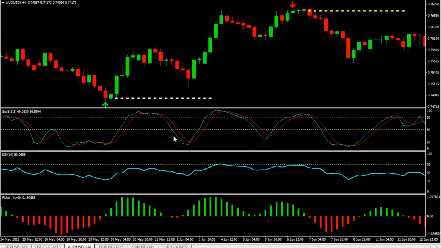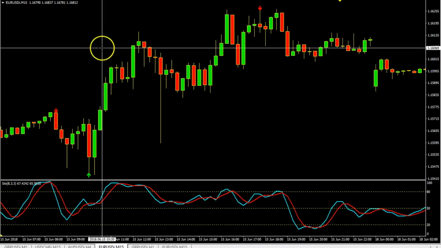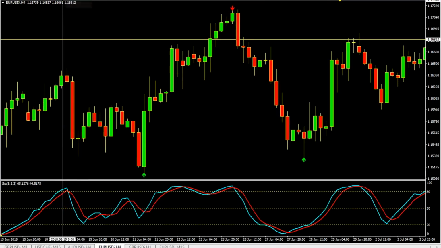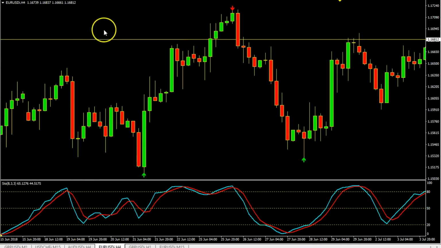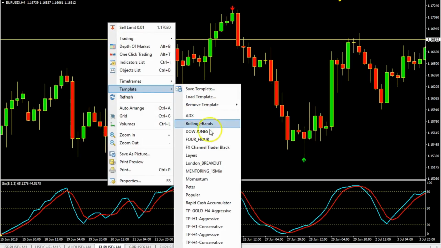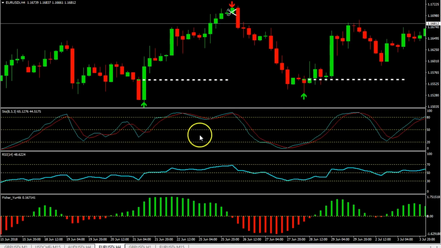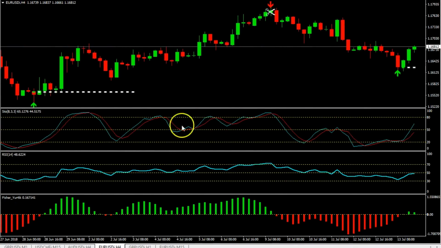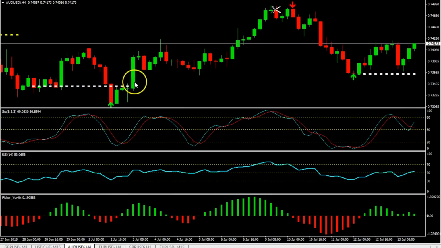So this is the template for 4 hours, and this is the Australian dollar, US dollar chart. You can bring in any chart you like, bring in Euro USD and make it 4 hours. Right click on it, go to template and go to 4 hours. There it is. Now let's go back to Australian dollar, US dollar, this one.